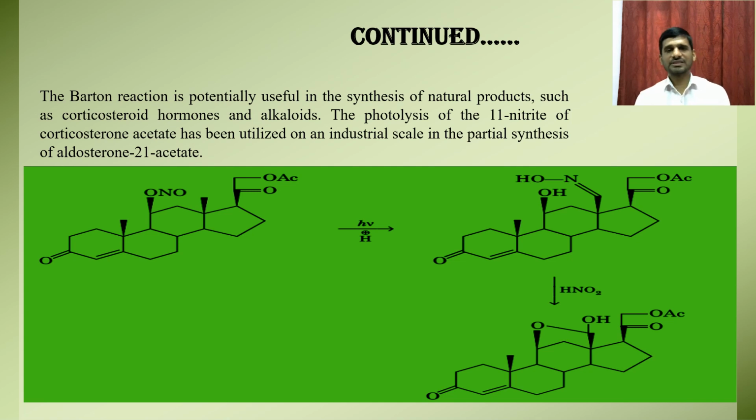But in certain conditions, due to malfunction of the adrenal gland, if there is a deficiency of this aldosterone hormone, then it can be administered artificially inside our body, and this hormone is prepared via Barton reaction. So this is an important application of Barton reaction.